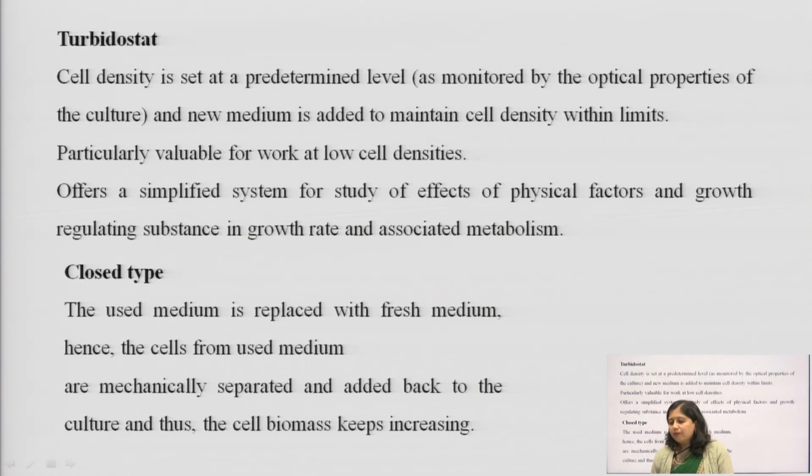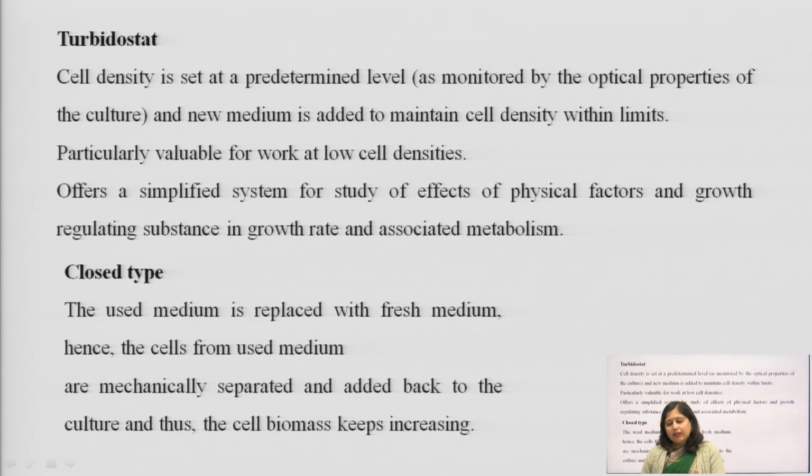In the turbidostat method, generally the cell density is set at a predetermined level and monitored using the optical properties of the culture, and new medium is added to maintain the cell density within limits. It is particularly valuable for work at low cell densities and offers a simplified system for studying the effects of physical factors and growth regulating substances on growth rate and associated metabolism.